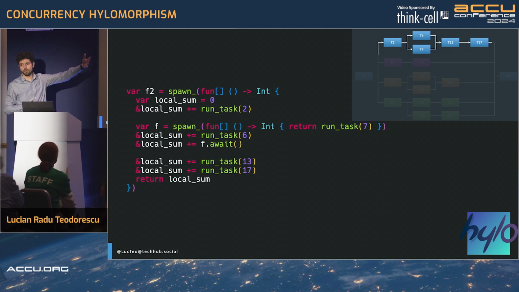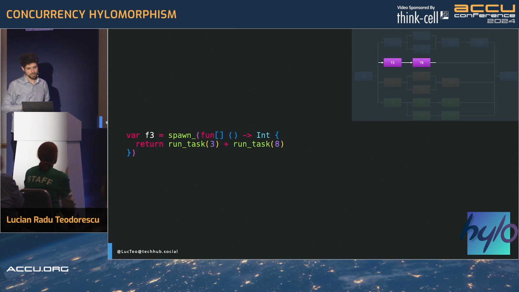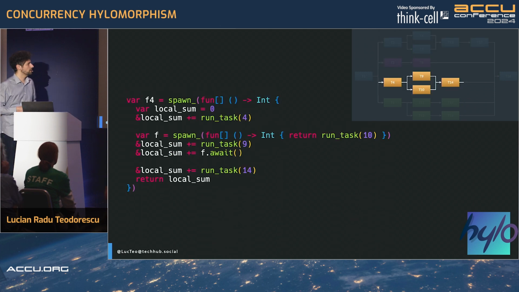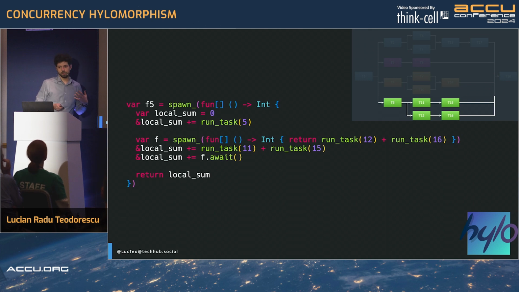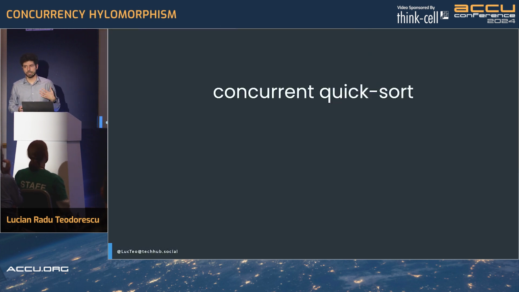And it's just expressed with regular code. And the same for the other parts of the graph, right? So this is how you can express simple things in this model, right? Let's try to build a more realistic example. Let's try to have a concurrent quicksort.